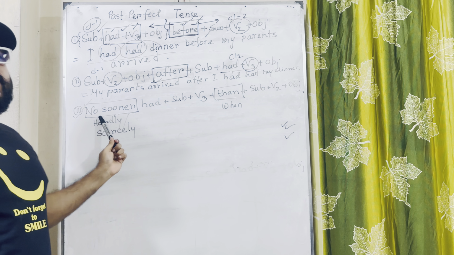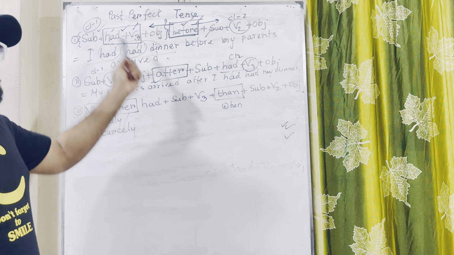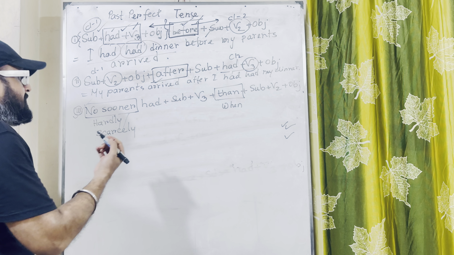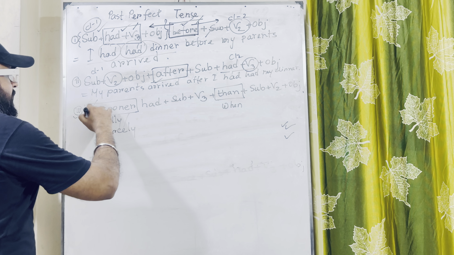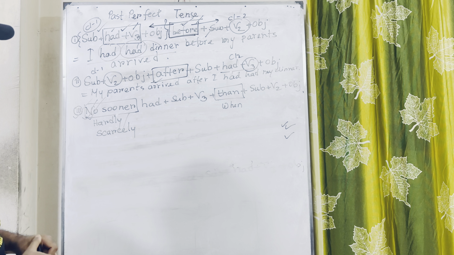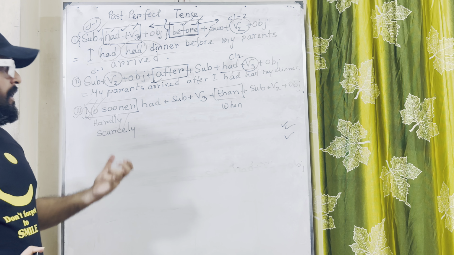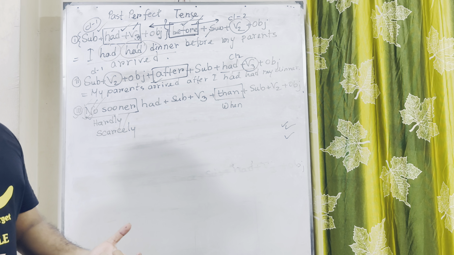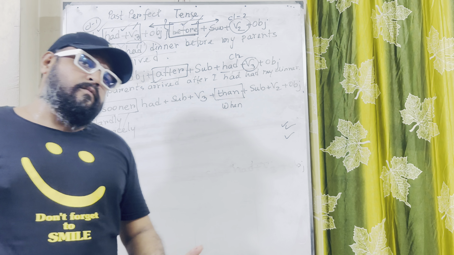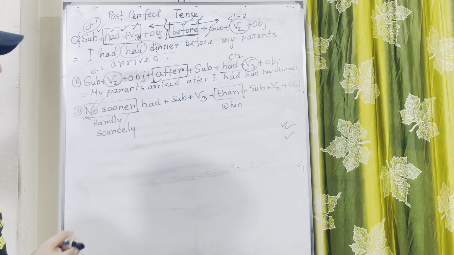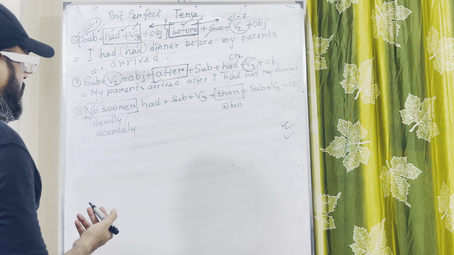So you can also apply past perfect tense if you want to describe a sentence with expressions or phrases like no sooner, hardly had, scarcely had. These are very common English sentence structures. We often use them in our daily conversations also.